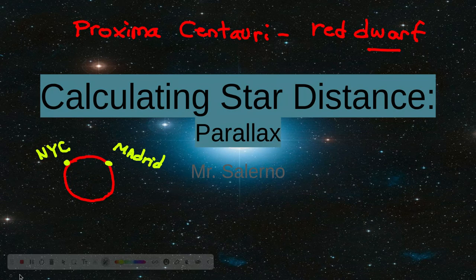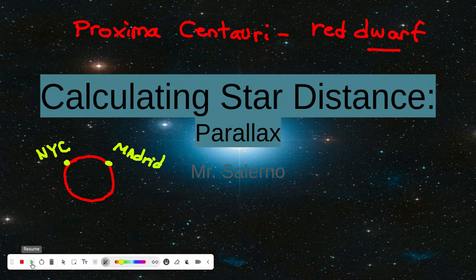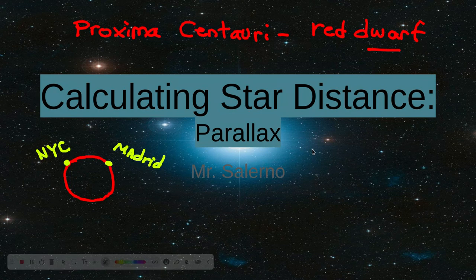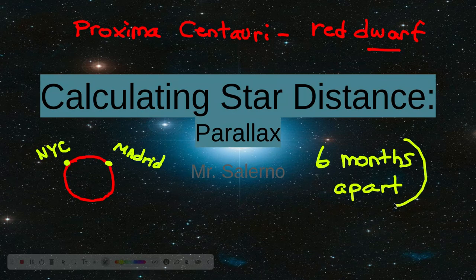So let's get a clear page here. Again, we're going to measure an angle to Proxima Centauri 6 months apart. Well, actually, we're doing it in seconds today. So let's create this, and we'll use yellow, since our sun's a yellow dwarf.